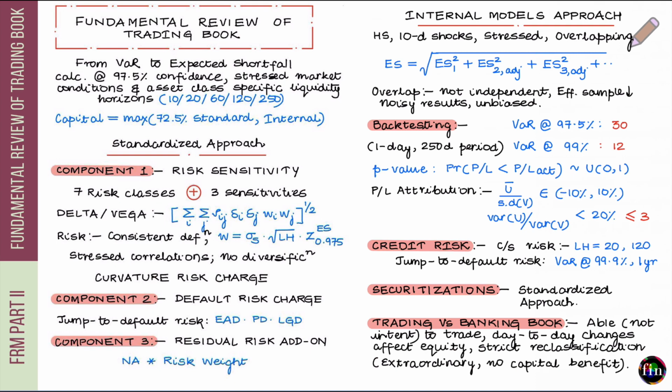To compute the expected shortfall for any given trading desk, first of all, we have to categorize all our risk factors into 5 categories. This is in accordance with the liquidity horizon of any given risk factor. So all risk factors which have a liquidity horizon of 10 days go into category 1.